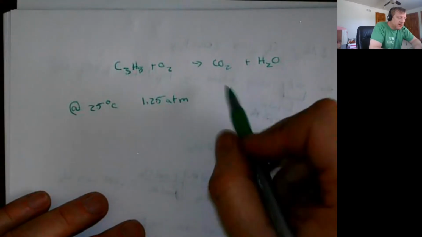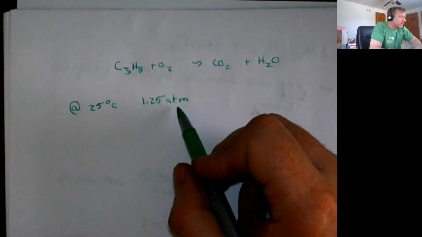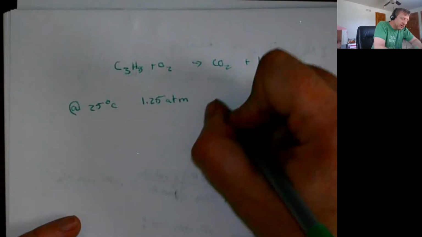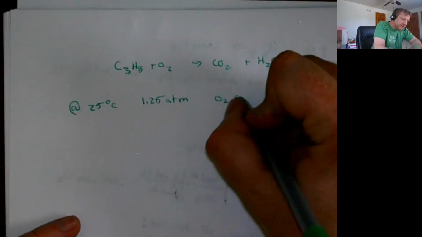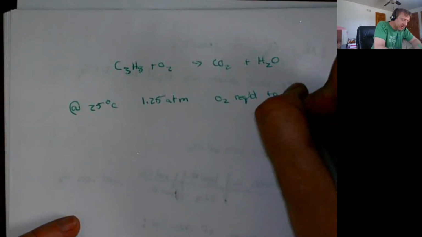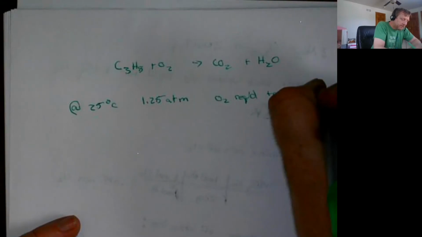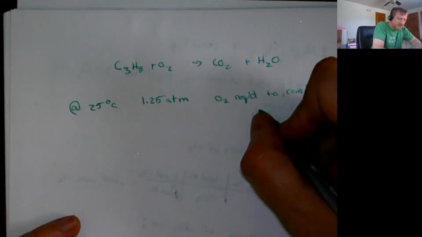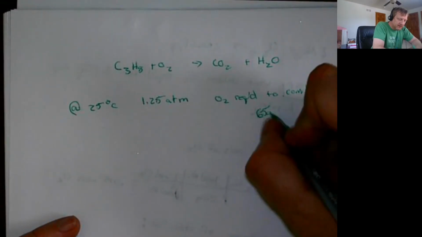Then let's say we wanted to find the amount of oxygen required to combust 65 grams of propane.